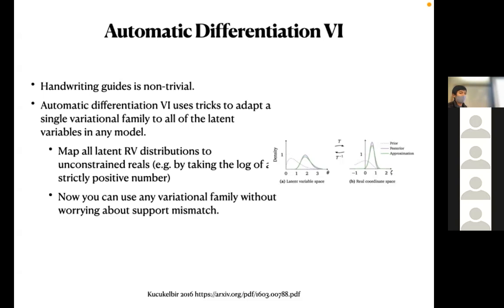Basically what it does is use tricks to adapt a single variational family to all the latent variables in your probabilistic model. The way it does that is first by mapping any of the latent random variable distributions to the support of unconstrained real numbers. Say you have an exponential prior on a latent variable that's going to be strictly non-negative.